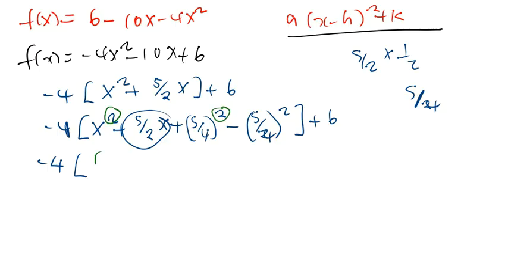You write x plus 5 over 4, squared here. Then minus 5 squared is 25, 4 squared is 16. Bring this 6 here. Who is behind before we continue?